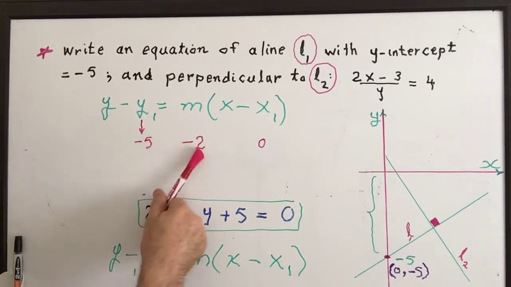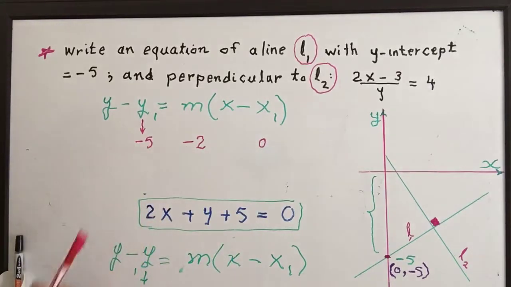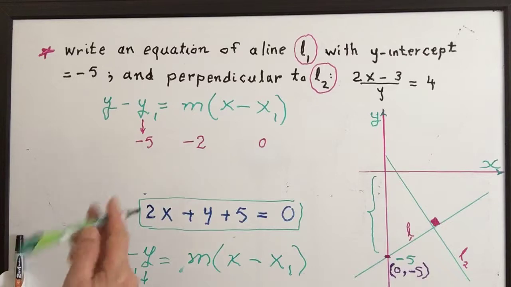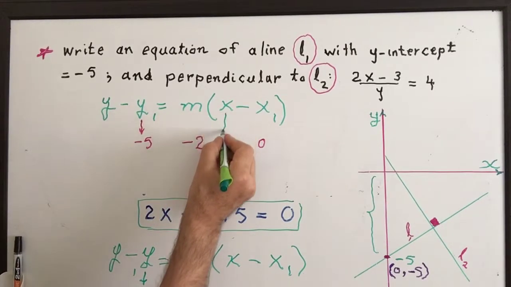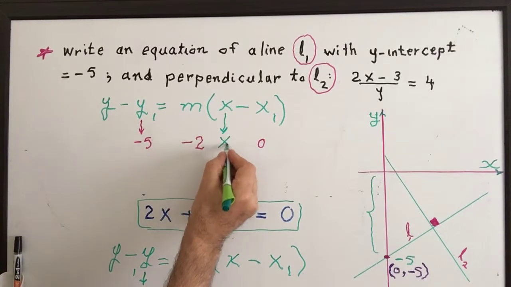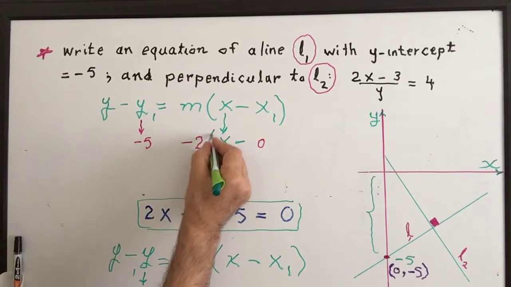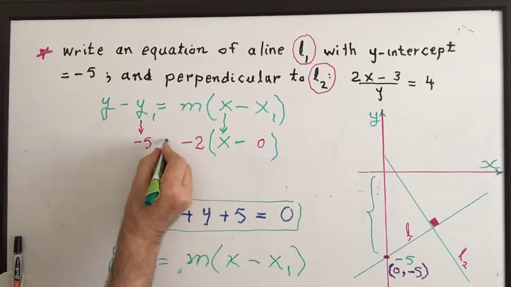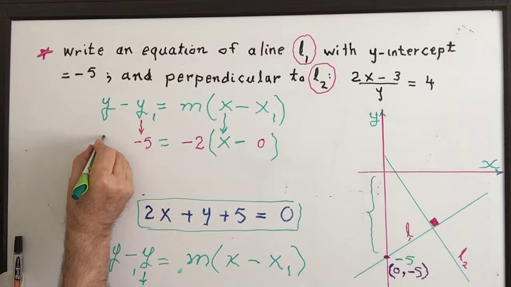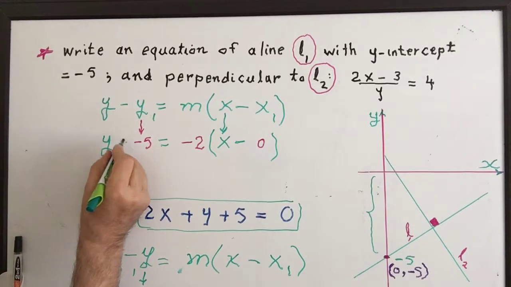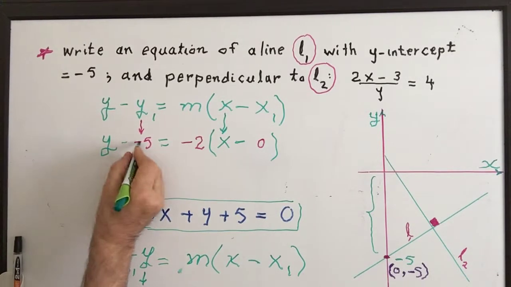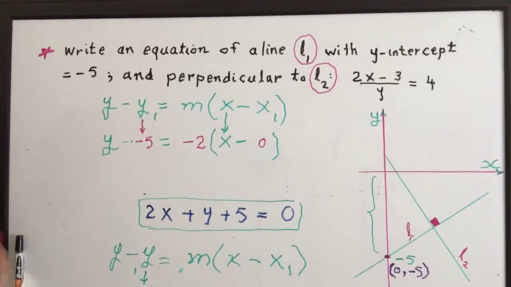So this is the main information we need. Then we write all the other terms: y, minus y1, the brackets, and equals. Here it is minus times minus, that means plus.